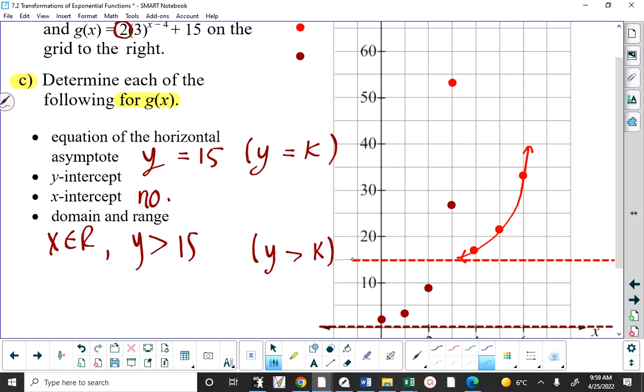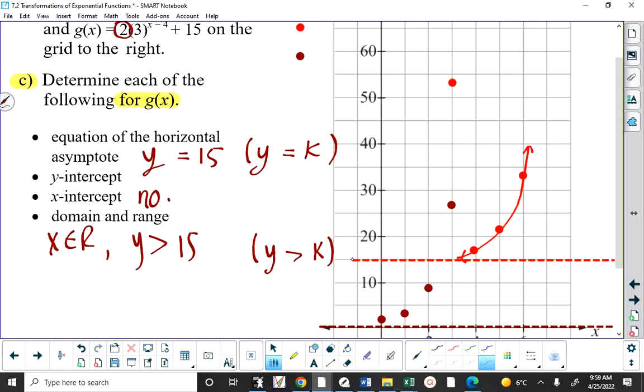Yeah, Marcel. When c is less than 1, but still positive? If c is less than 1 but still positive, the only thing that will change is the graph will be going down from left to right, but it will still be above the horizontal asymptote.